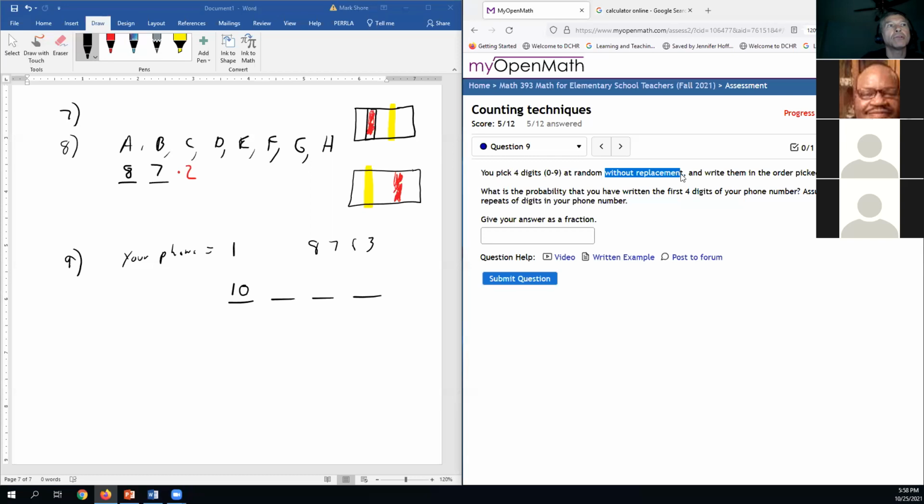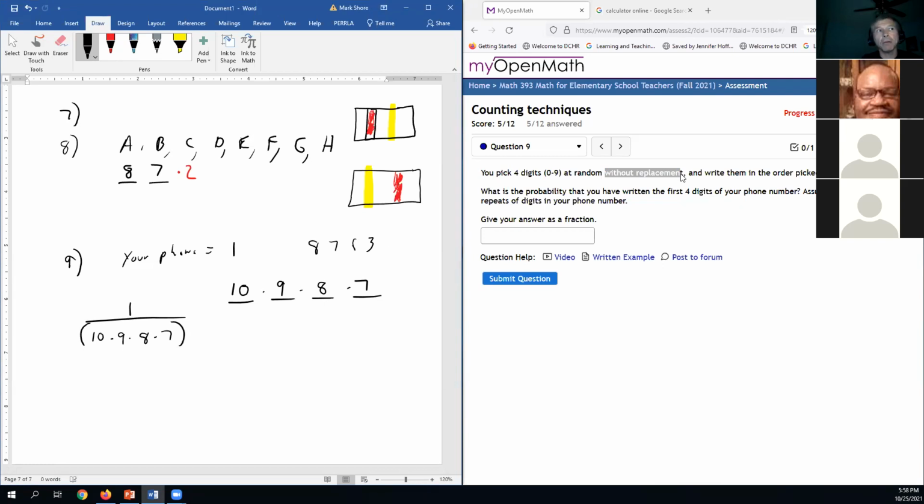So that means that there's only 9 choices here, 8 choices here, and 7 choices here. So the probability that your number is this number is 1 out of 10 times 9 times 8 times 7.